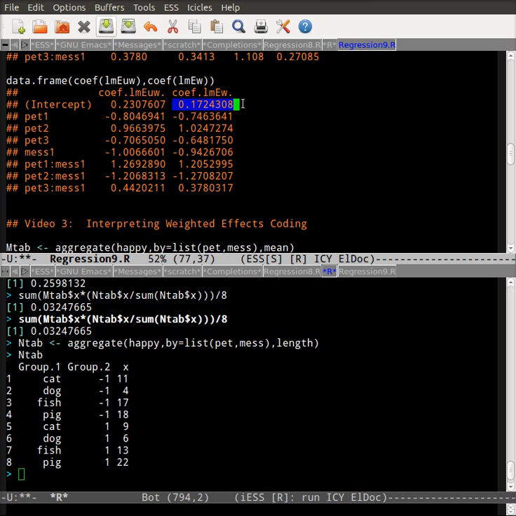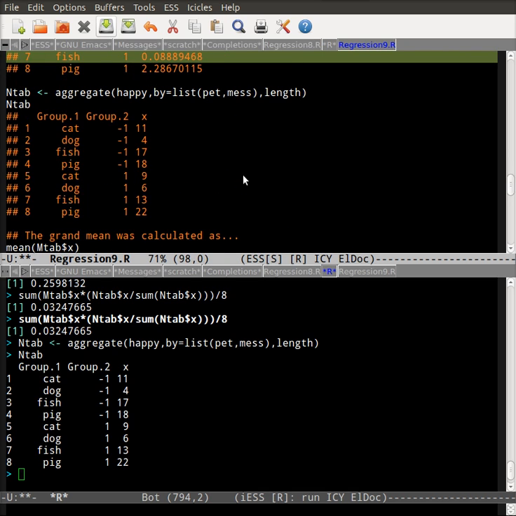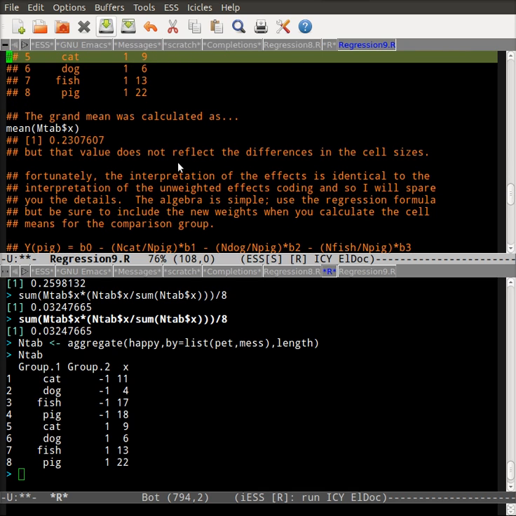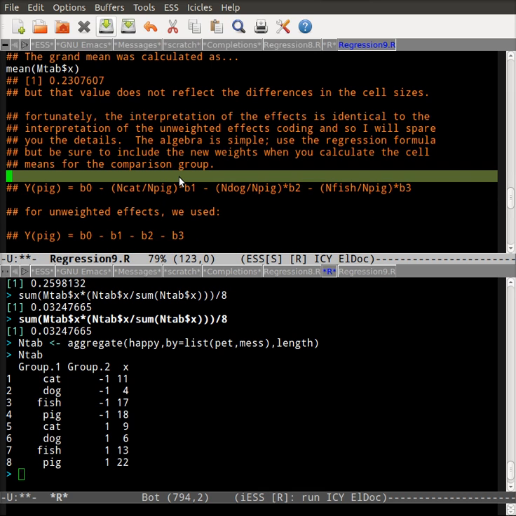But for the weighted effects, we get 0.17. And the reason for that is that it is a weighted aggregate, so it's a weighted mean. So the interpretation of the effects for weighted versus unweighted is pretty much the same. It's just the computations require weighting.